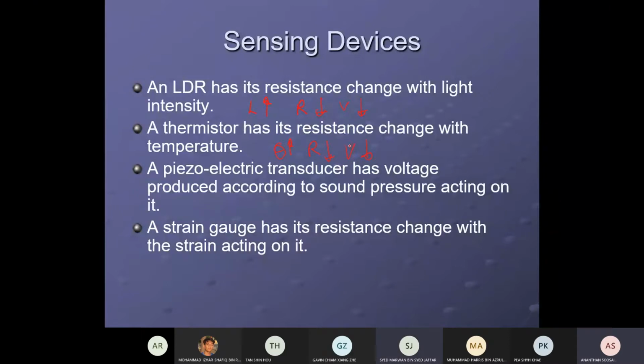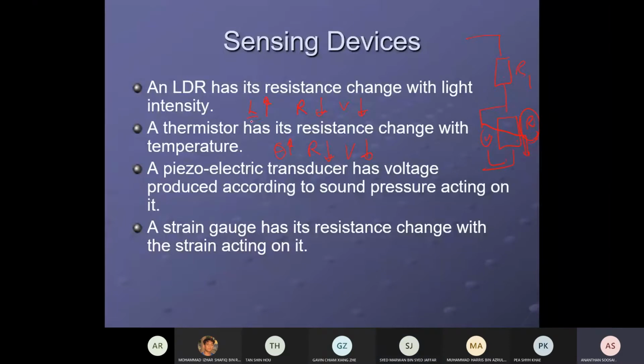Also the current? The current should go up, but the voltage will drop. Because you have one fixed resistor, R1, and another one is the thermistor, R2. If the thermistor resistance decreases, the voltage across the thermistor will drop because you are sharing the voltage. So the current is increasing.